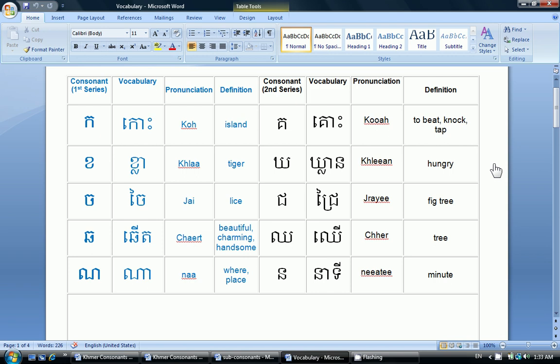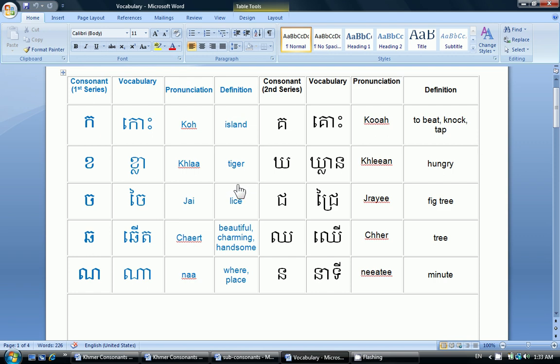But right now, just pay attention to the sound between the first series and the second series. Here we have the blue. The first half of the column of the page are the first series consonants, and the second in black are the second series consonants. We have the consonant, the vocabulary, the pronunciation, and the definition.